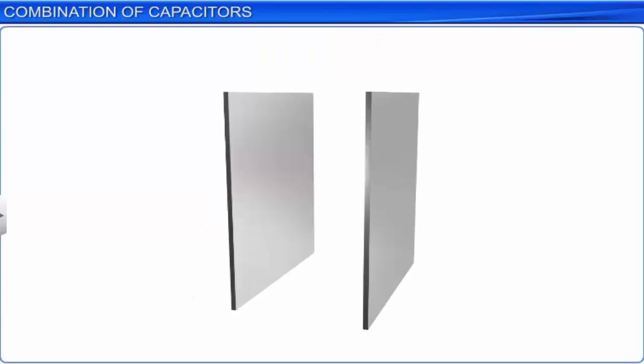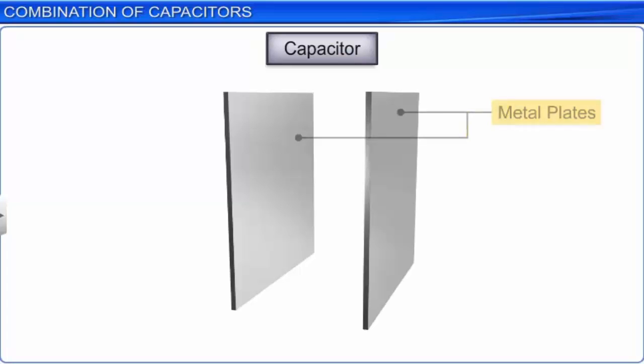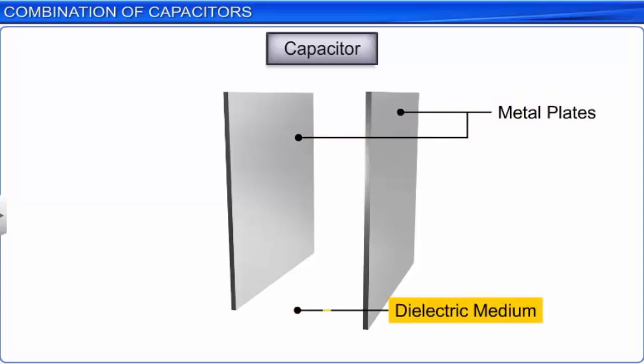We have learnt earlier that a capacitor is an electric circuit element that is used to store charge temporarily. It, in general, consists of two metallic plates, separated and insulated from each other by a dielectric medium.